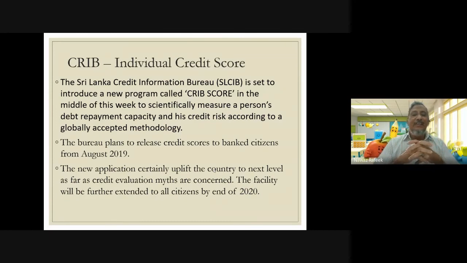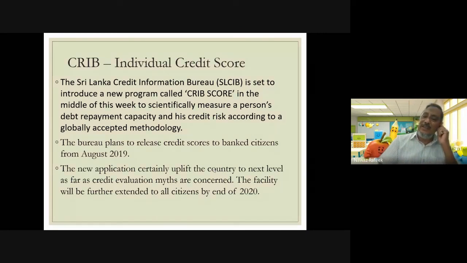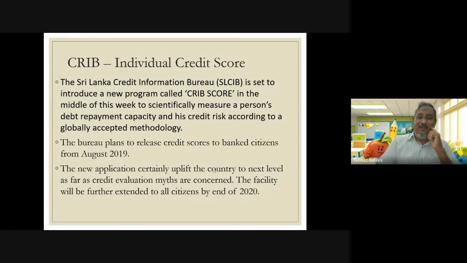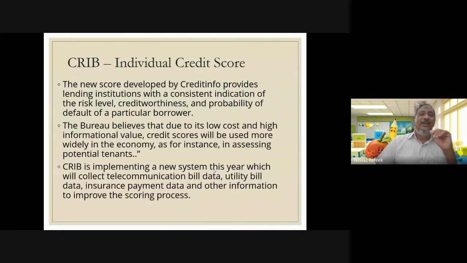The facility will be further extended to all citizens by the end of 2020. Practically, it is already in implementation. In 2021 it started for all citizens, not only bank citizens, all the countrymen. Okay, right.